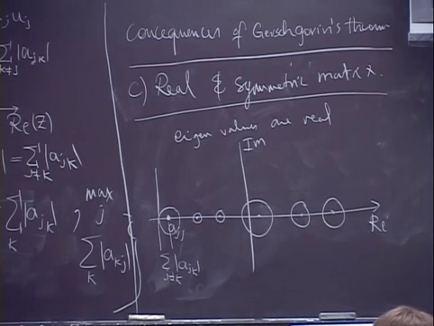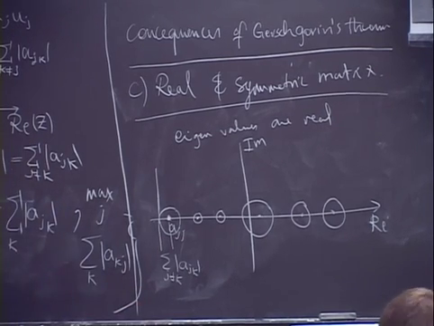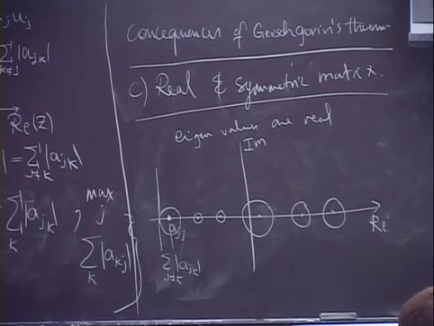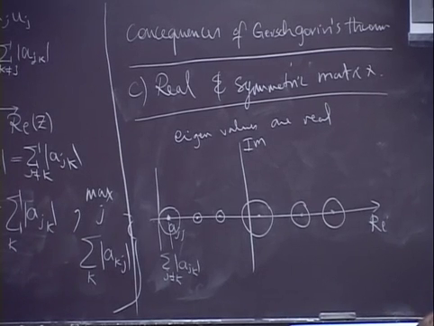So the theorem is just to tell you what we want to do in order to figure out an upper bound, let's say, for the spectral radius.